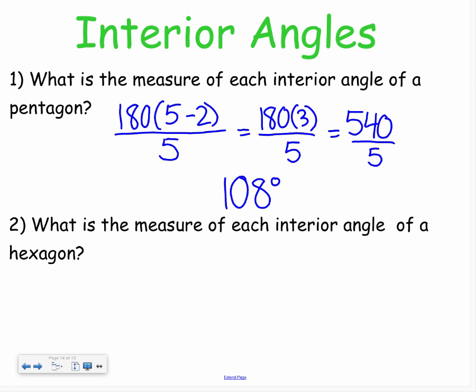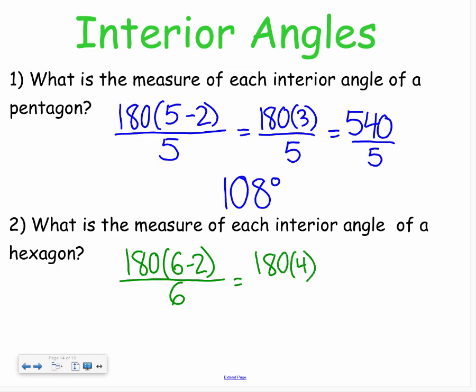For the hexagon, we know that we have 6 sides, which means we have 6 angles. So 180 times 6 minus 2 divided by 6, giving us 180 times 4 divided by our 6 angles, means we are taking 720 degrees, splitting it into 6 angles, giving us each angle measuring 120 degrees.